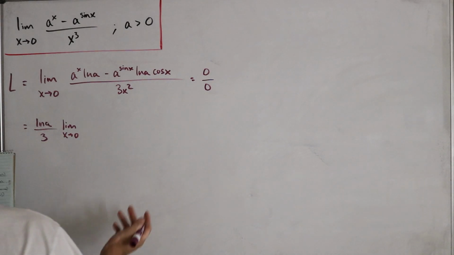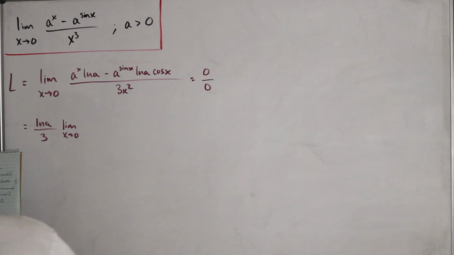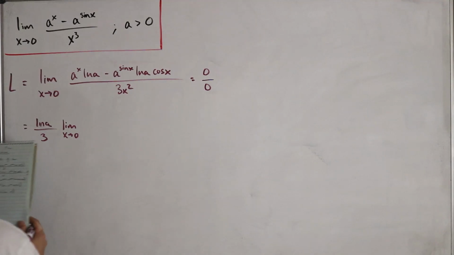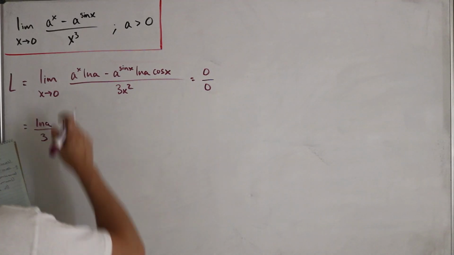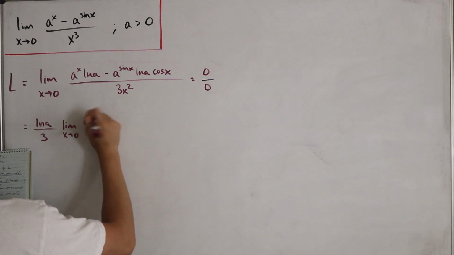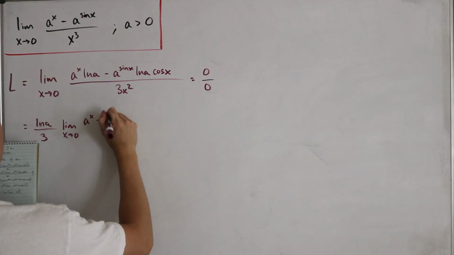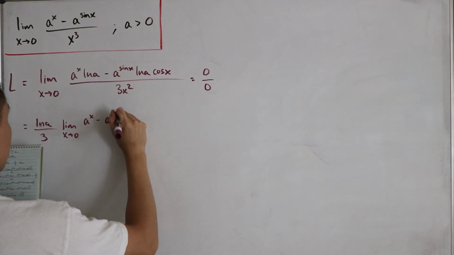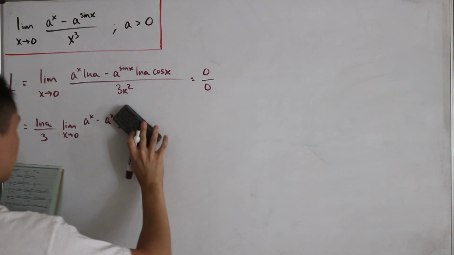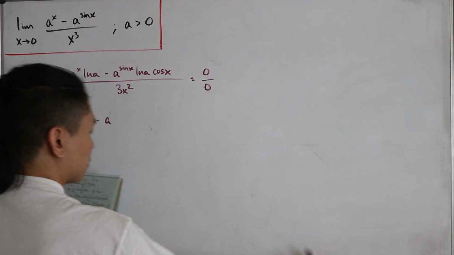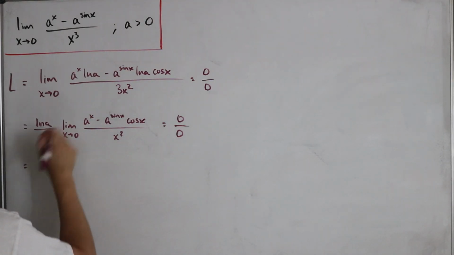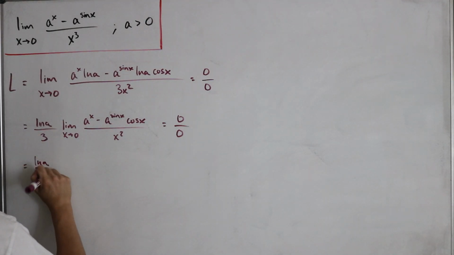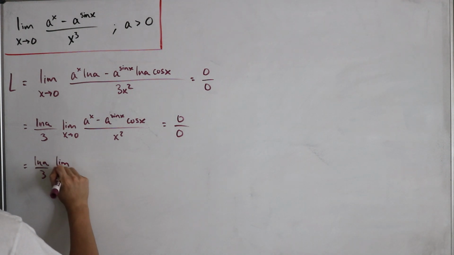So then we have to yet again take the derivative of both our numerator and denominator. So basically I have a to the x, minus a to the sine of x, times cosine of x, and then ln of a divided by 3, then the limit as x approaches 0.